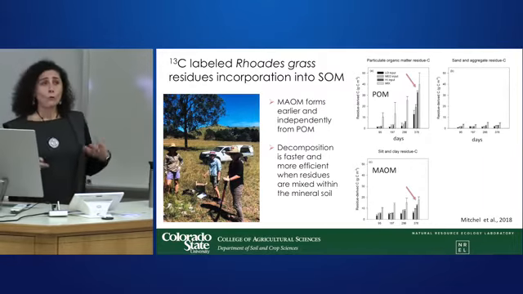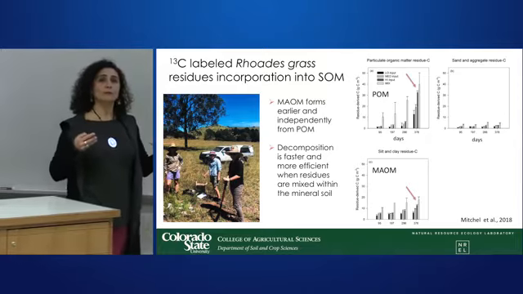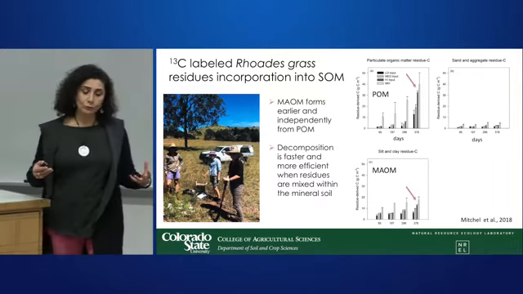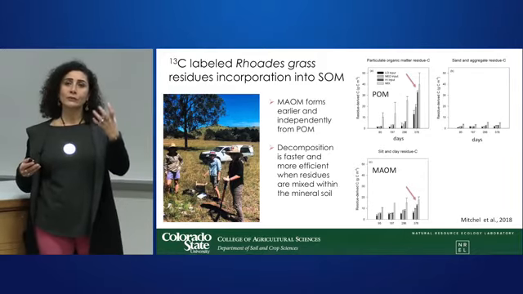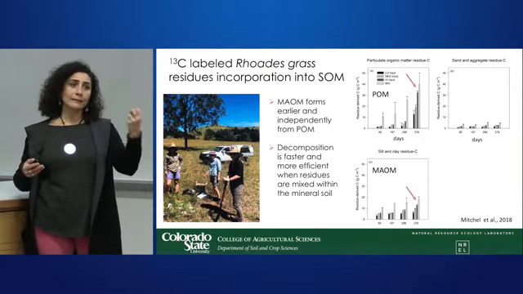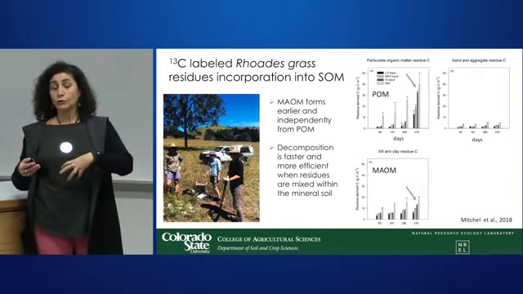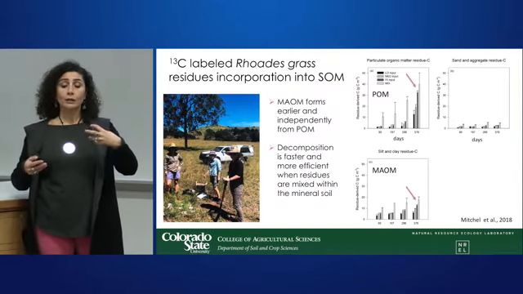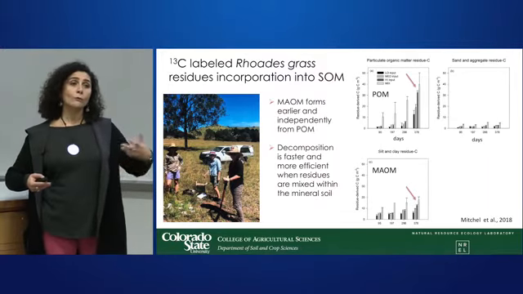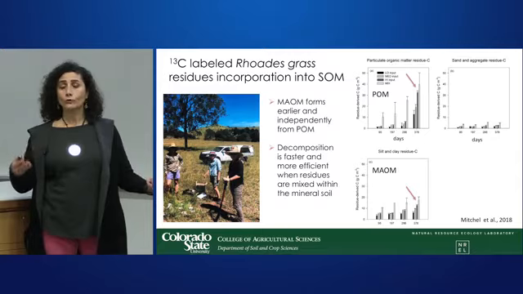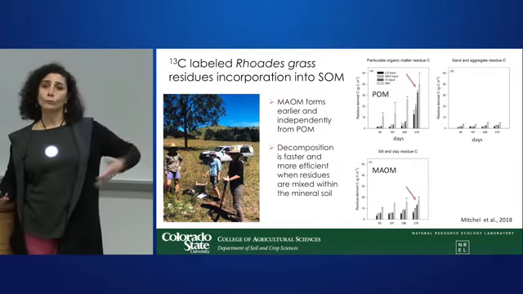And I thought, what's a way that within the same plant, if I really wanted to test it, I wanted to have the same leaf material that had differentially labeled the metabolic component versus the structural component, so that I could identify in the soil what carbon was coming from the metabolic and what carbon was coming from the structure. I use the term metabolic to say this soluble material.